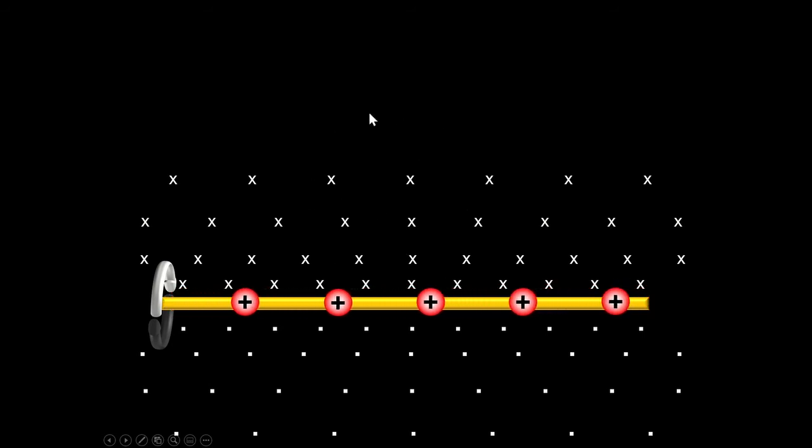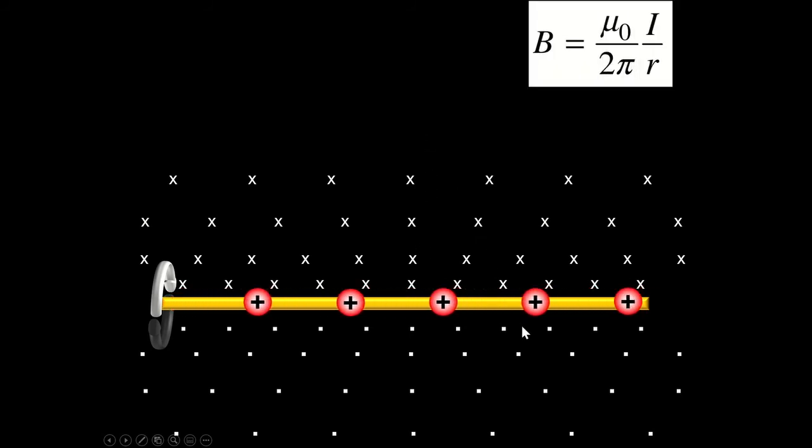Where the field lines are farther apart, it's a weaker magnetic field. So this is showing two things. It's showing the magnetic field is coming out of the screen under the wire and into the screen above, but it is also showing that the further we get from it, the weaker it becomes. And it is given by that equation.